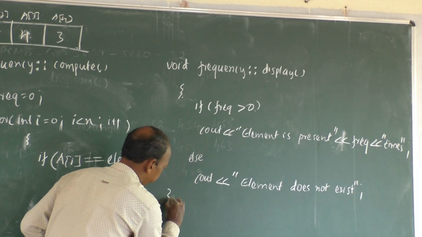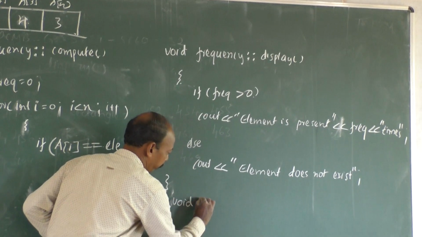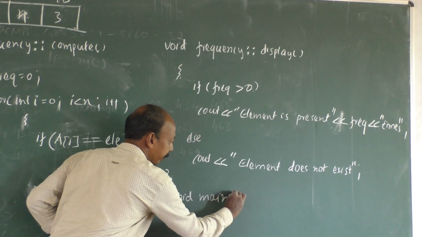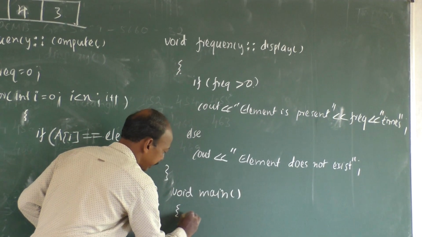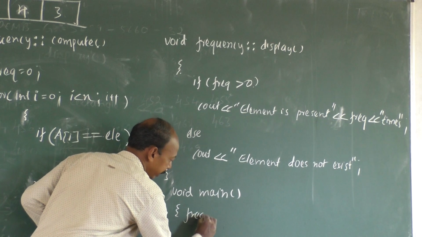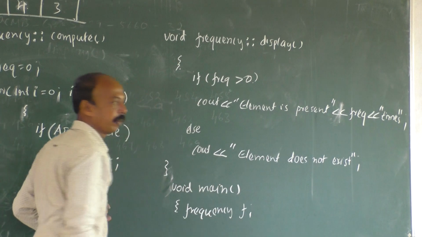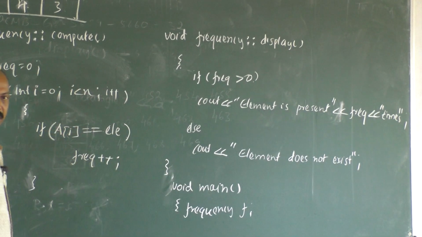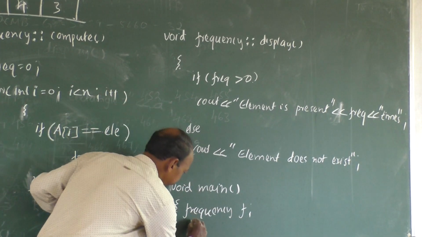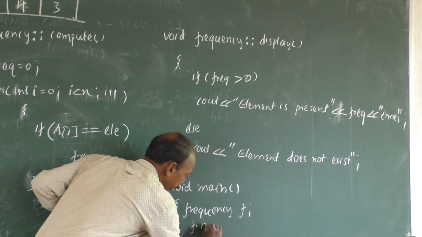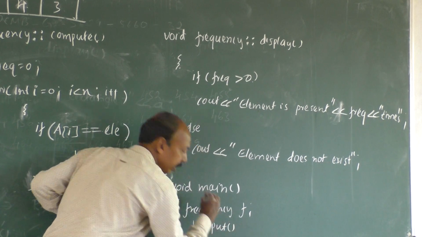Then we have to write the void main. Of course header files we have to write in the beginning, that we have not written. Void main. What is the name of the class? It's frequency. So we shall write frequency EF. Then one by one we shall call the functions. First is EF dot input. First function will be called.